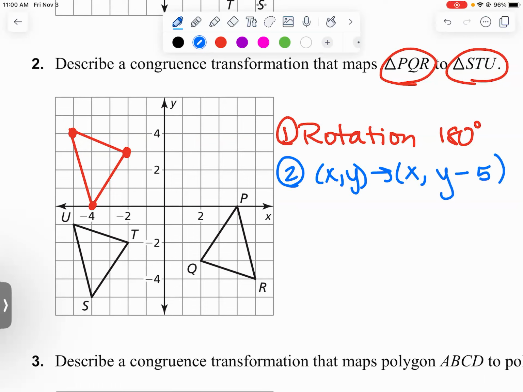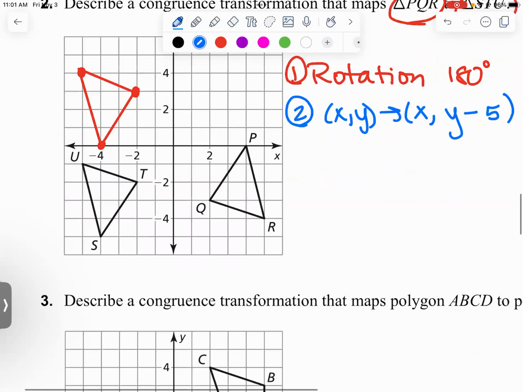Okay, so we rotate it 180 and then we go down 5. Alright, let's see if this one goes any better for us.